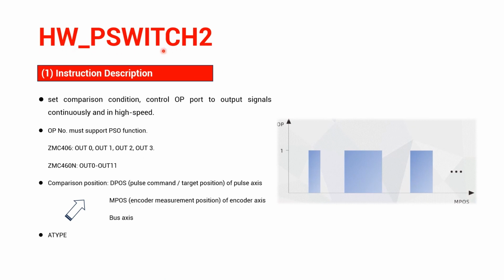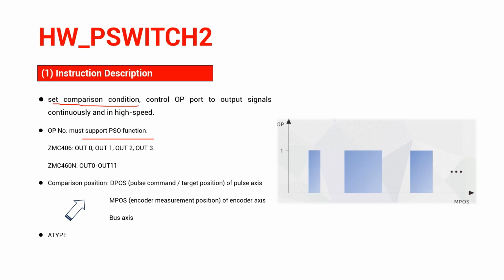HWP switch 2. It is mainly used to set some comparison conditions, then control OP port to output signals consecutively and at high speed. And the OP port must support PSO function, namely, hardware comparison output should be supported by the used output.